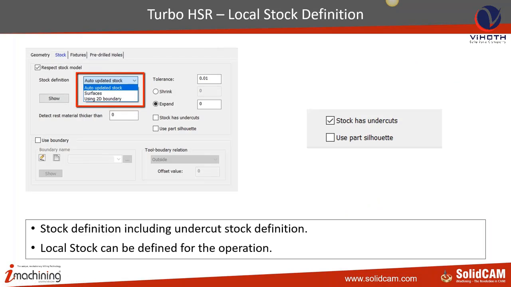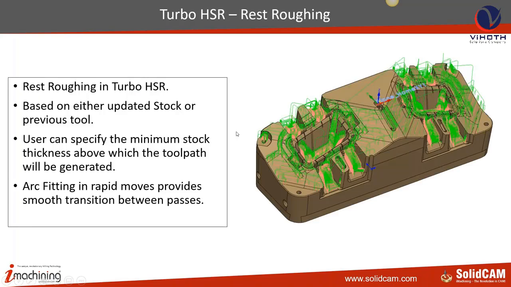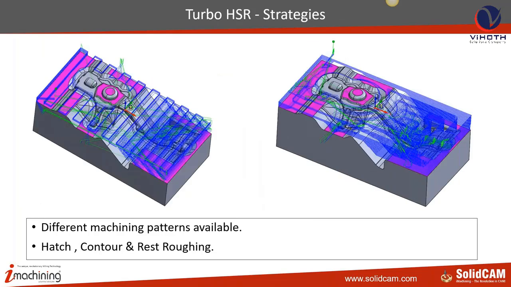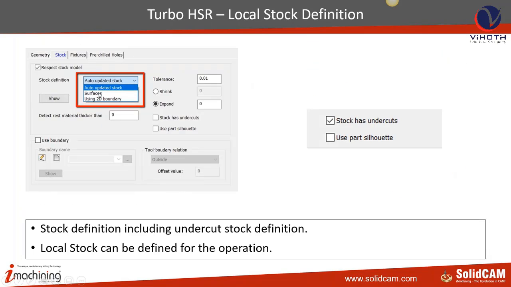You can do a local stock definition, which means you need not be dependent on the previous stock. For example, let's go back to this part here. Now, assume that the entire part was machined, and for some reason, some area needed reworking, so somebody fixed a small block of material in that region, and now you could go back to your roughing and say, I would like to define the stock by surfaces.